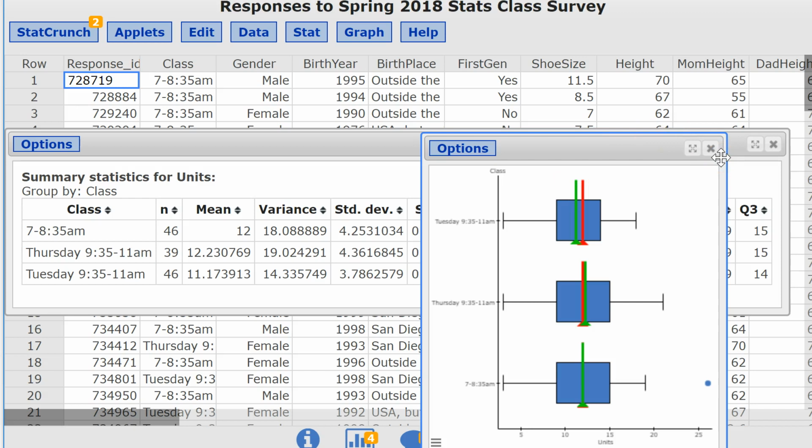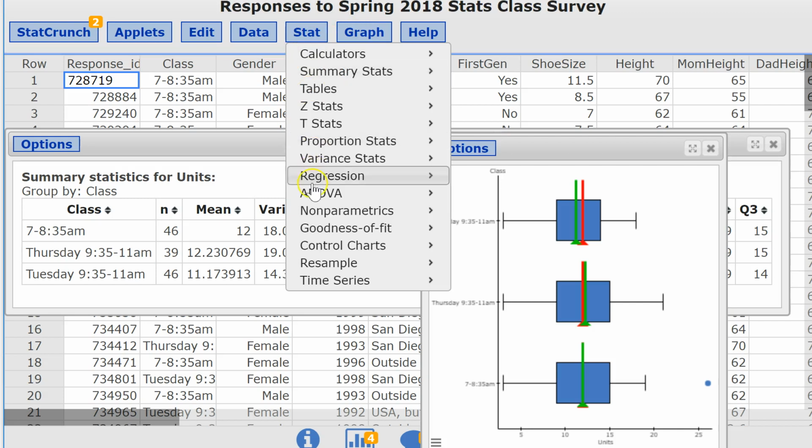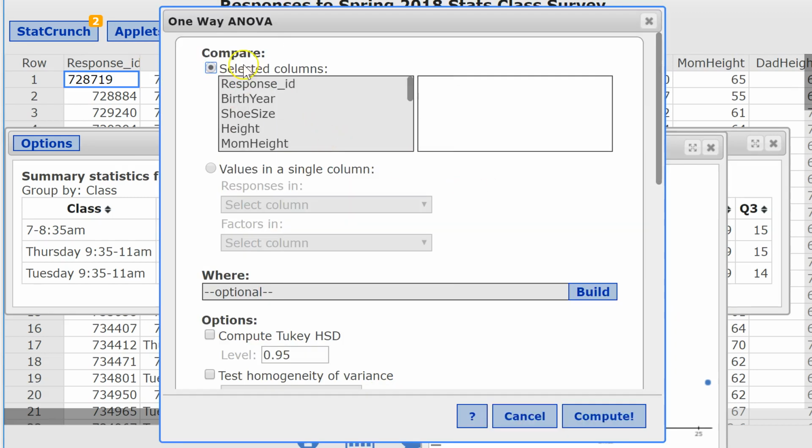So if I want to quantify that statistical evidence that doesn't seem to exist, well, I would do my one-way ANOVA. So in statistics, down in ANOVA, you're going to select one way. Now here's the deal. You don't want to compare columns. That would be if you had a bunch of different groups and their data was in there separately.